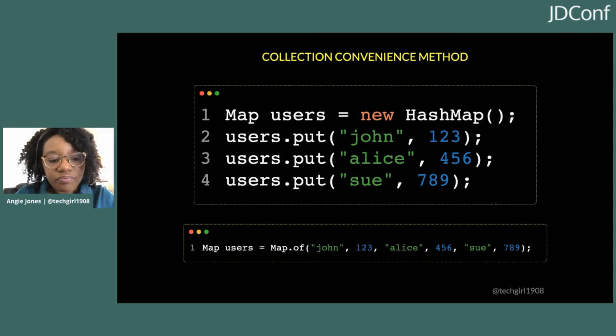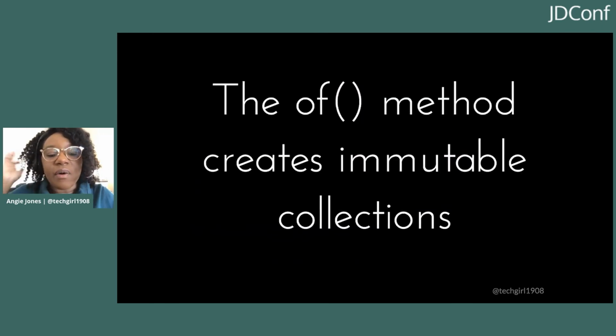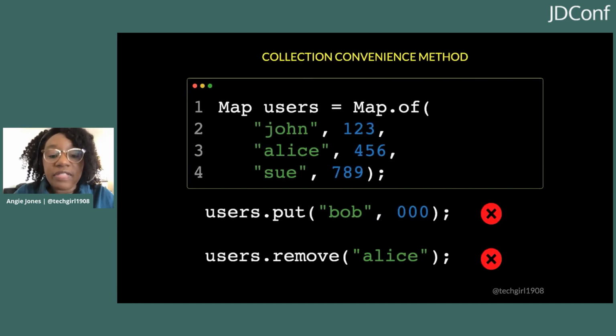Woo. One more thing to note about the use of method is that it creates collections which are immutable. What that means is that the collection cannot be changed by adding, removing, or sorting it later. So only use this when your collection won't require any changes later on in the program, okay?